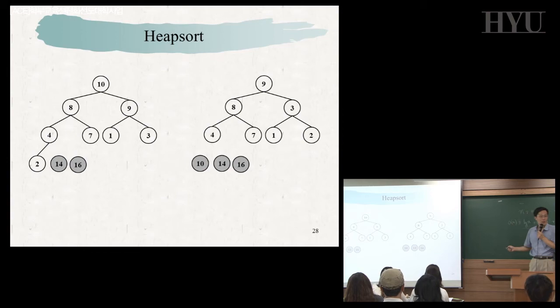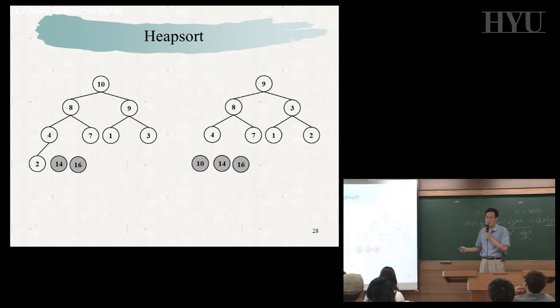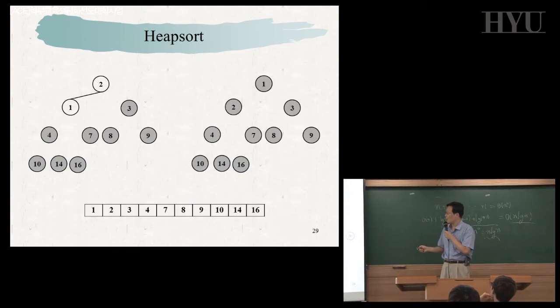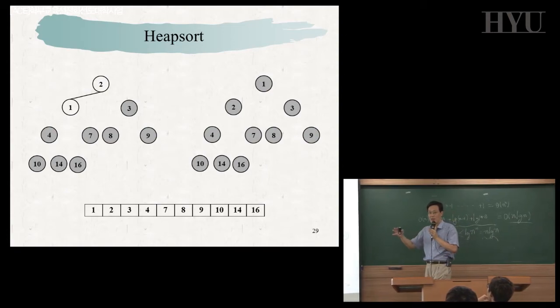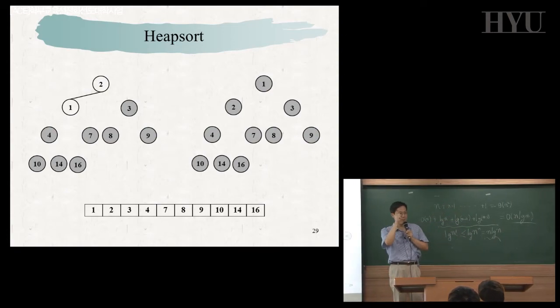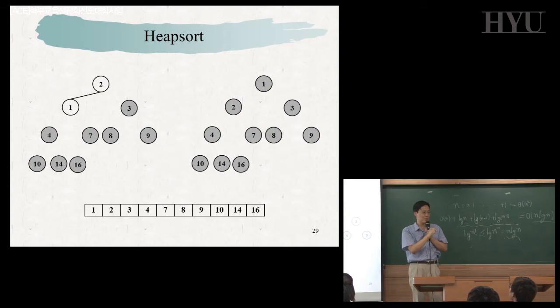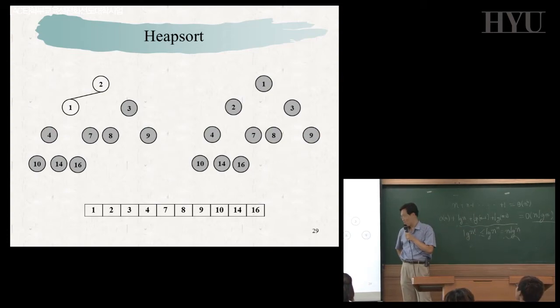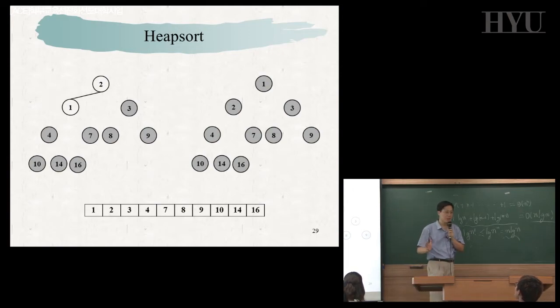Okay. In a similar way, we can extract every element, and then they are sorted. This is the heap sort.